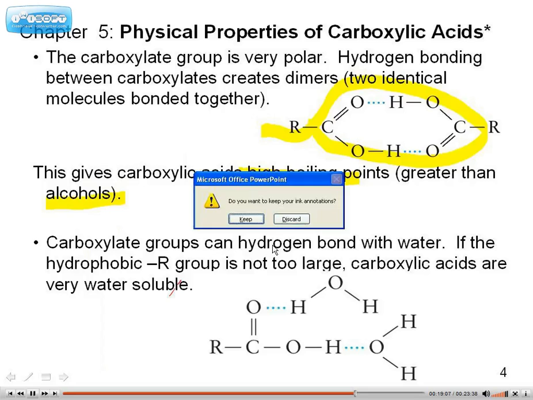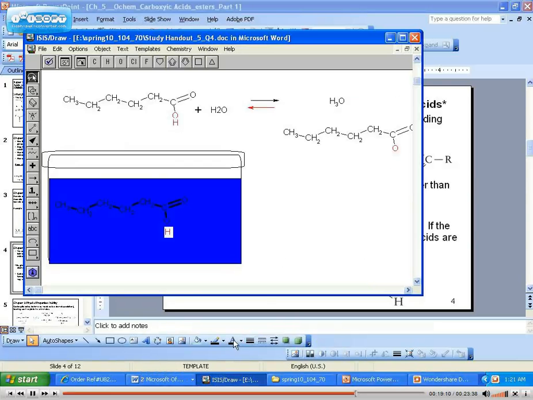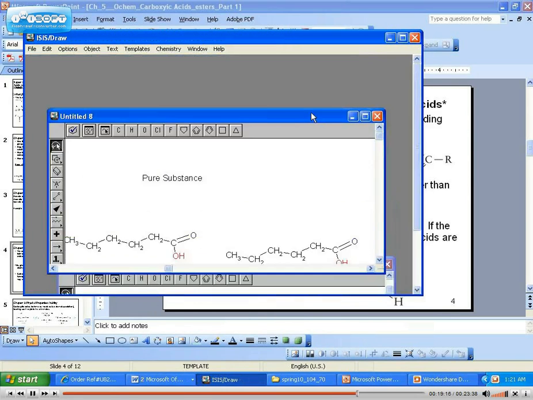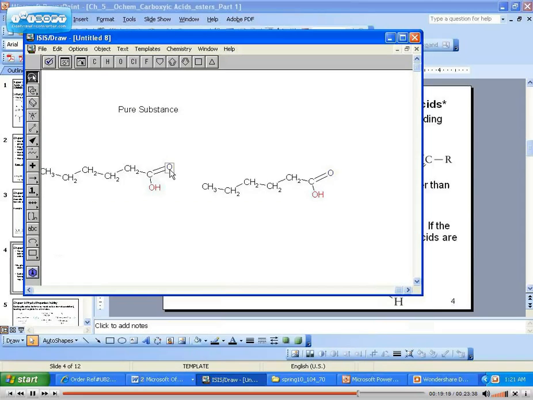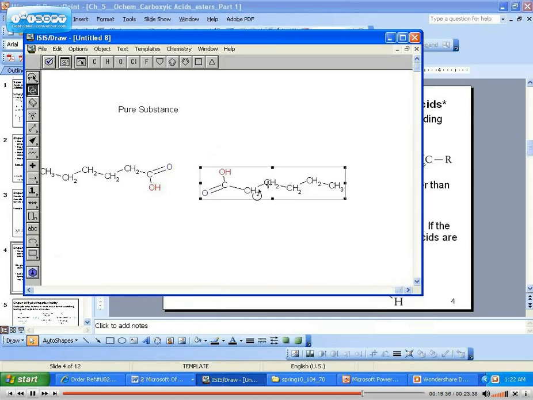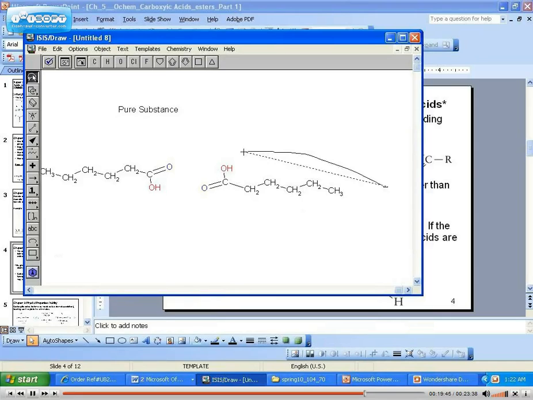So let me just go straight to my ISIS example that I have right over here. In this case right here, I'm going to highlight this pure substance molecule. You can see a duplicate. Here I'm rotating it and bringing it in.